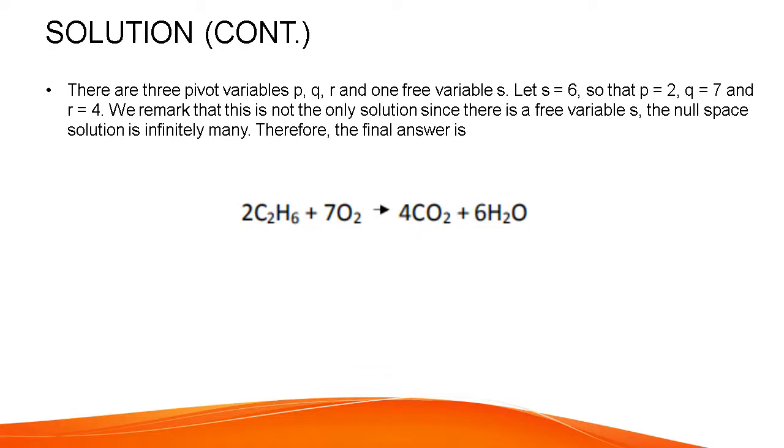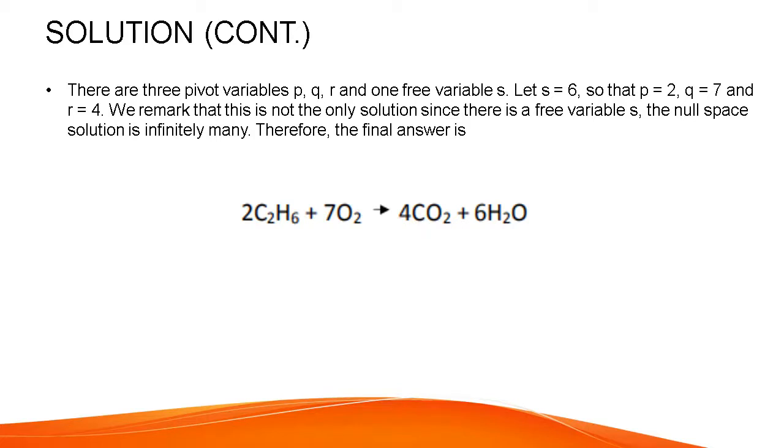There are 3 pivot variables, P, Q, R, and 1 free variable S. Let S equal 6, so that P equals 2, Q equals 7, and R equals 4. We remark that this is not the only solution since there is a free variable S. The null space solution is infinitely many.